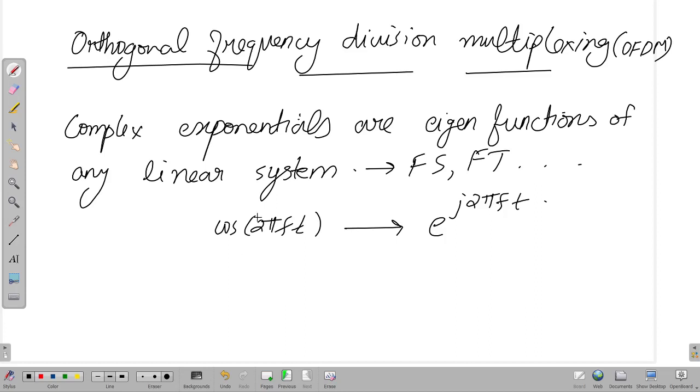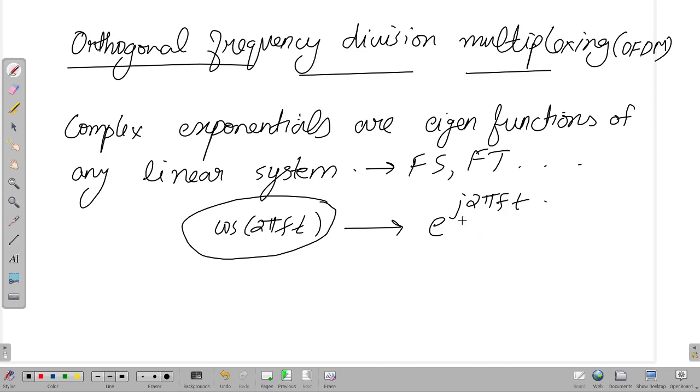In the multicarrier transmitter diagram, we had various carriers cos 2 pi f0t, cos 2 pi f1t, etc., up to cos 2 pi fN minus 1 t. We can replace that with the complex exponentials e raised to j2 pi f0t, e raised to j2 pi f1t, etc., e raised to j2 pi fN minus 1 t.